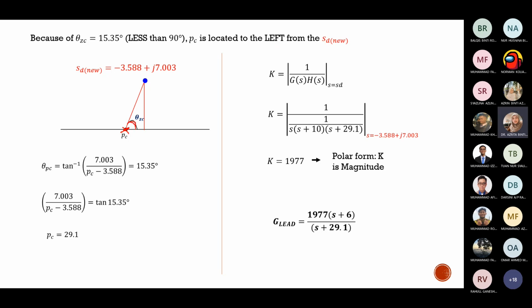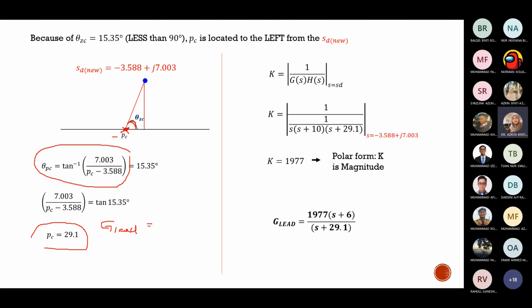To obtain the location of PC, or P lead, we use the formula without 180 degrees. So you obtain that the value of PC is equal to 29.1. That means we have already designed the lead compensator.